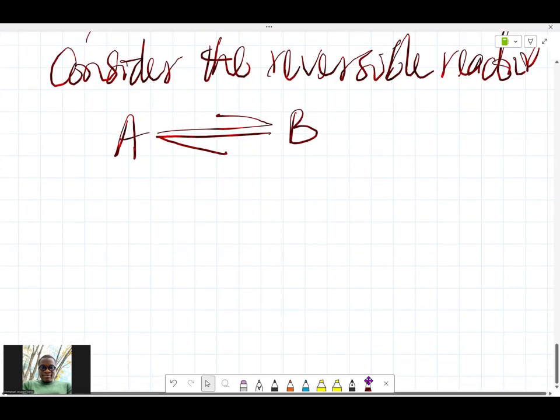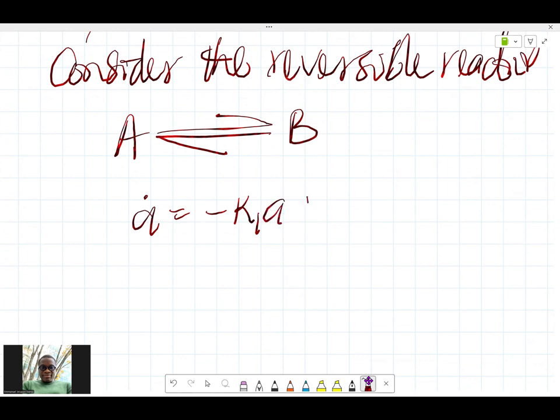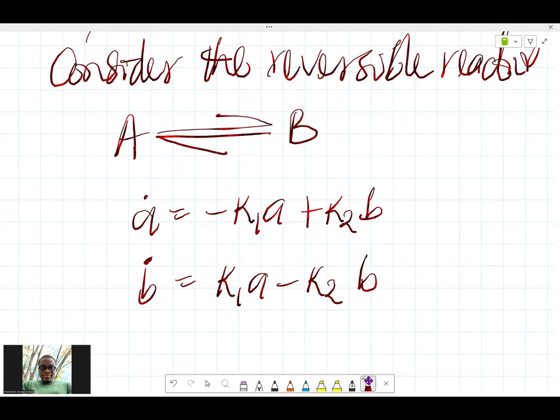It is governed by A dot equals minus K1A plus K2B, and B dot is K1A minus K2B.